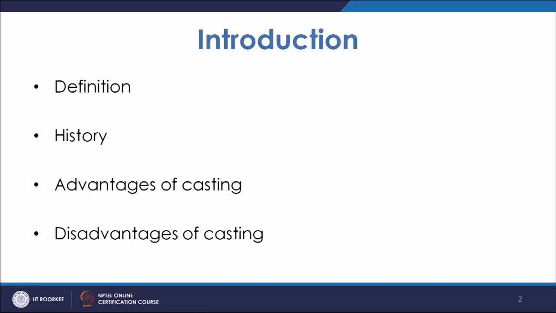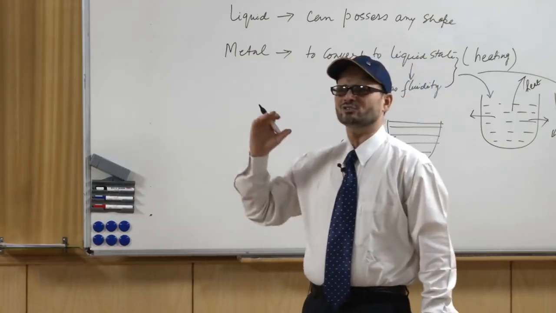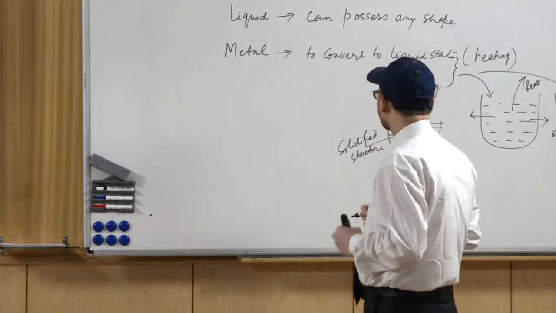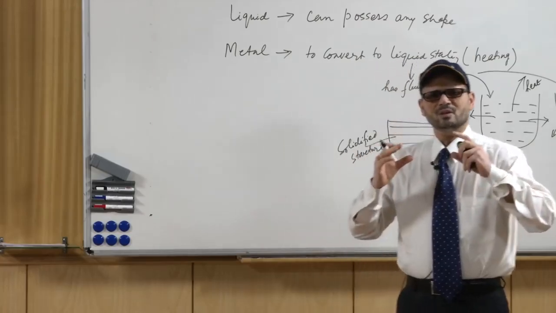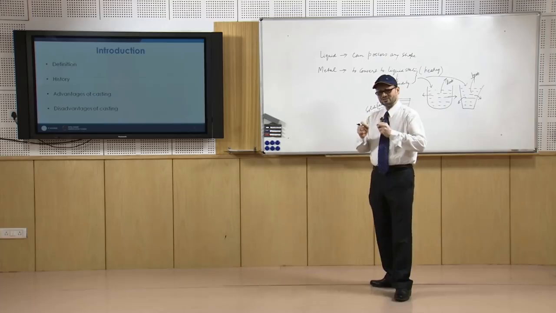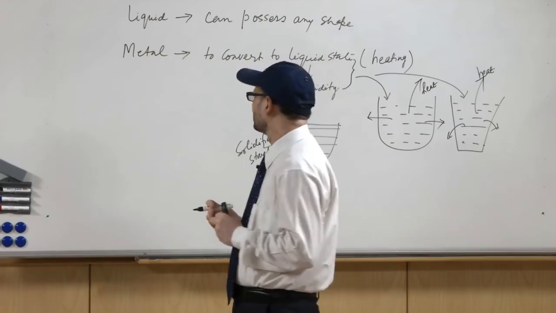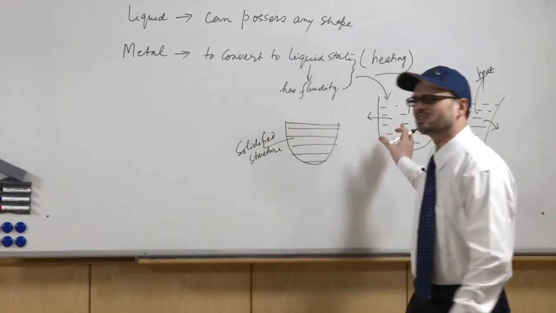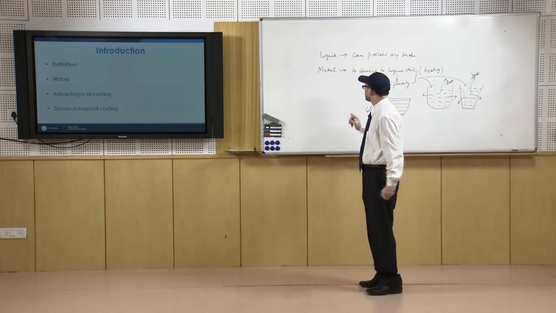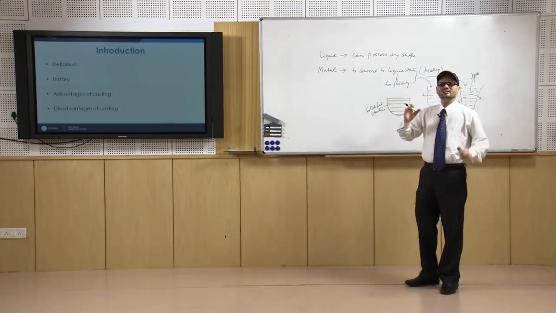If you go into the history of casting, in prehistoric times, about 5000 BC, it is reported that casting was there. Earlier the instruments or even the ornaments were made this way, and it has been reported in earlier civilizations that this process was there. In the earlier days, the mold was made of either sand or even stone.